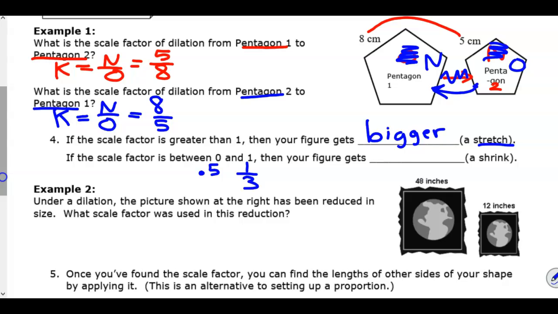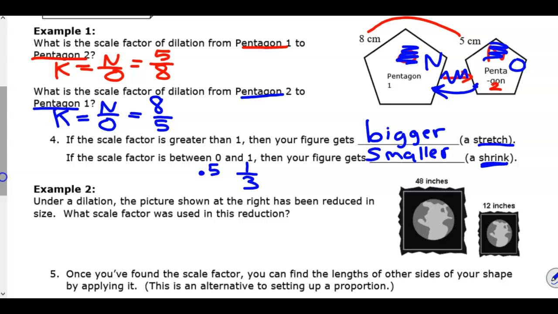Third, 1/4, either way. So if you see a number that's a decimal or a fraction between 0 and 1, that'll make it not bigger, but smaller, right? And we're going to say in math, the better word is shrink. Okay? So if it gets bigger, times the number bigger than 1, that's stretching it. Times the number smaller than 1, that's shrinking it.